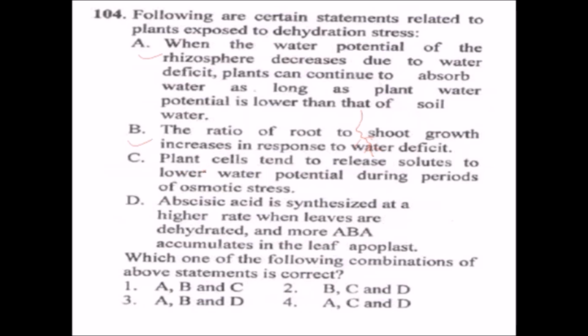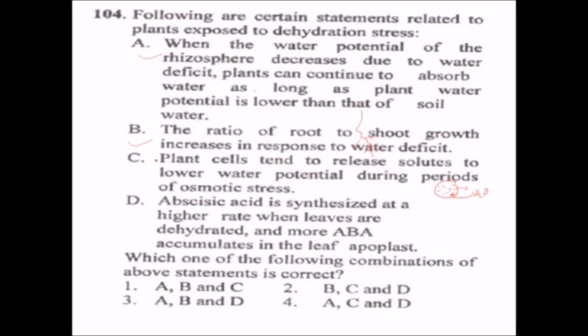Another point here: plant cells tend to release solutes to lower the water potential. No, it's not possible, because if there is lower water potential in the plant cell, and it has a higher solute concentration, then it will not release solute; rather it will take up water molecules from the surroundings to rehydrate.